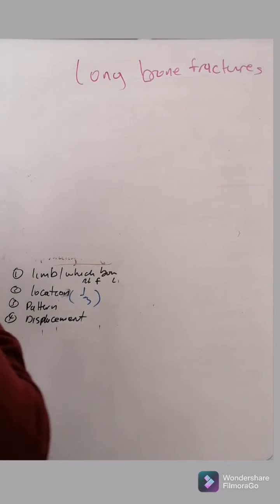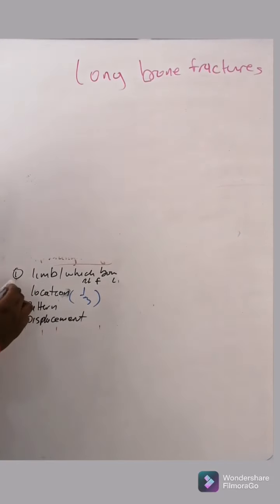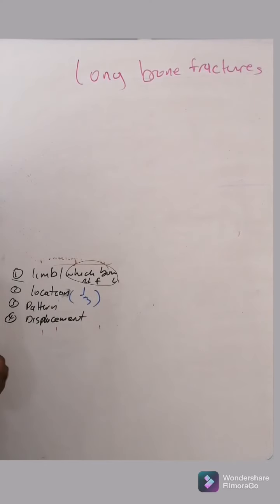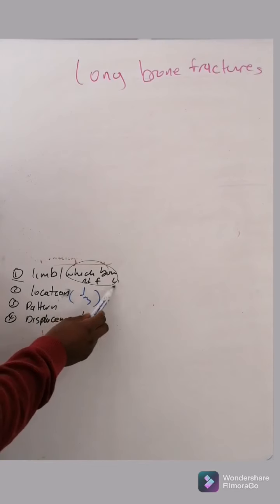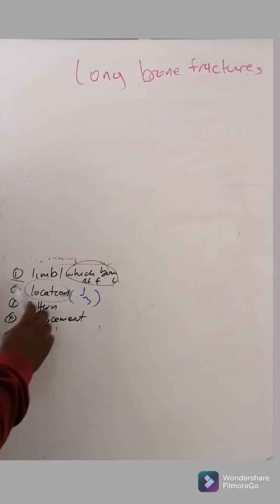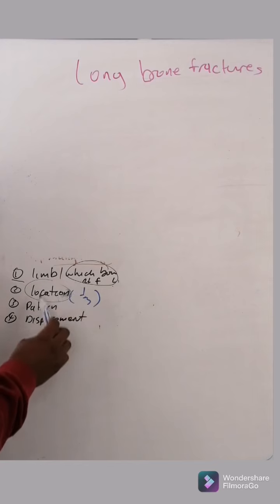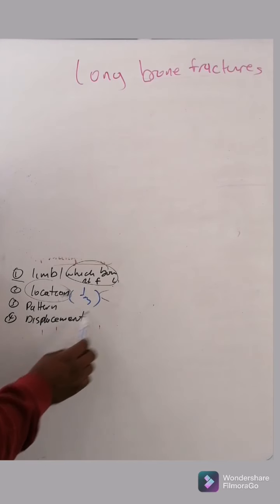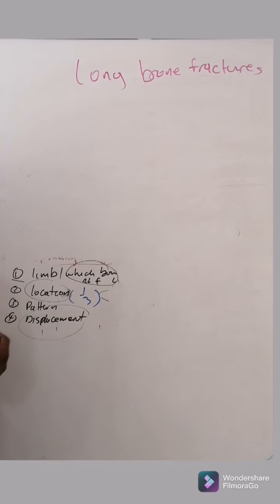We said that the first thing we need to do is to tell which limb it is, which bone is involved, and the location. For the location, you divide the long bones into 3 thirds, and then you speak about displacement.